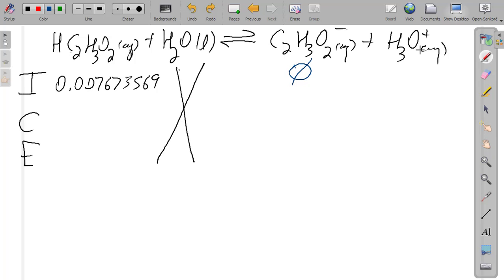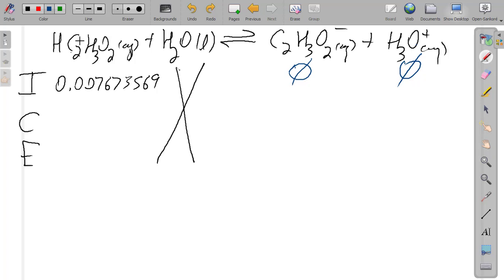Yeah, we know there's 1 times 10 to the minus 7th originally, but it's so small that we just count it as 0 because all we're interested in is the hydronium generated from this acetic acid dissolution. So we say it's 0. So we have the initial concentration of the acetic acid, the acetate, and the hydronium.